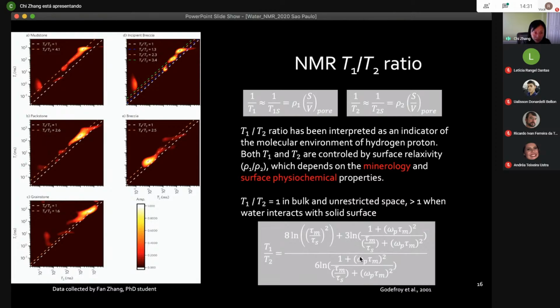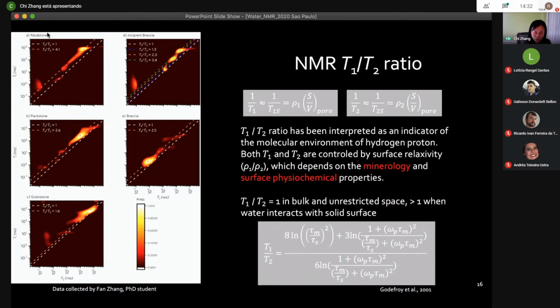And this tau_s is called the surface residence time, and it describes the time period the water molecule stays on the pore surface. So from this, you can see that the T1/T2 ratio is actually a characteristic parameter for molecular mobility.